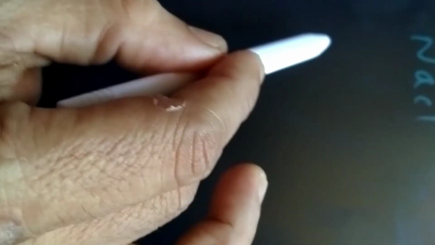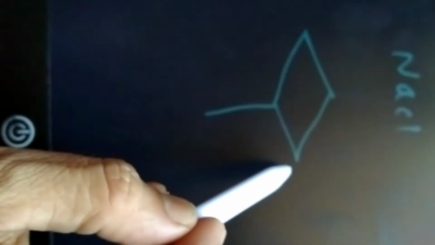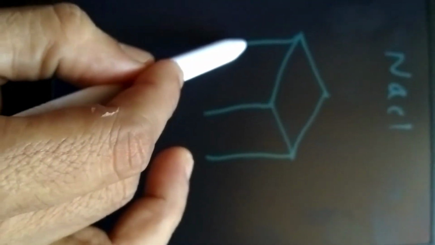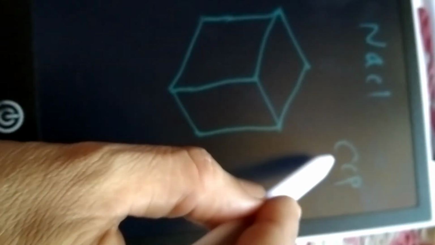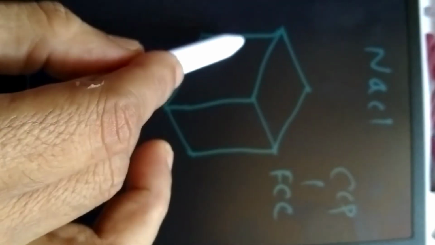Here, if we look at the unit cell of sodium chloride, it has cubic close packing, meaning CCP packing, a cubic unit cell, but with an FCC structure, face centered cubic.